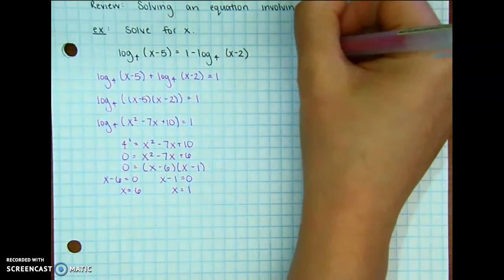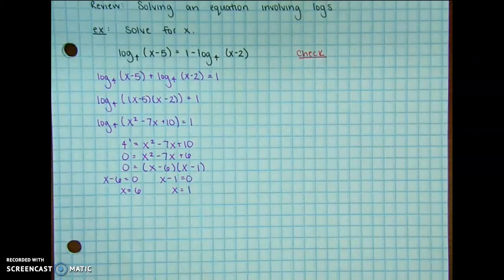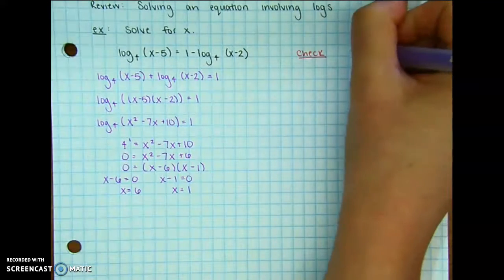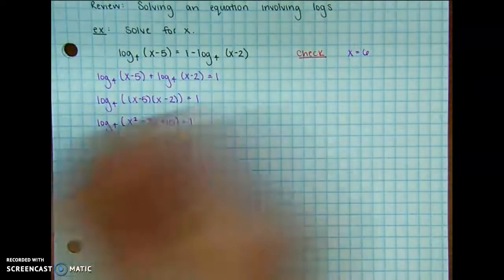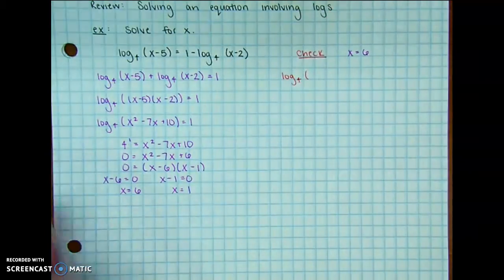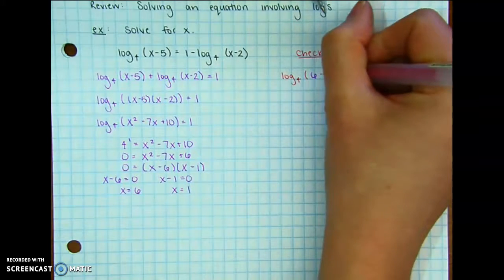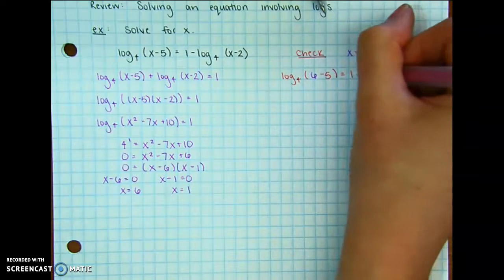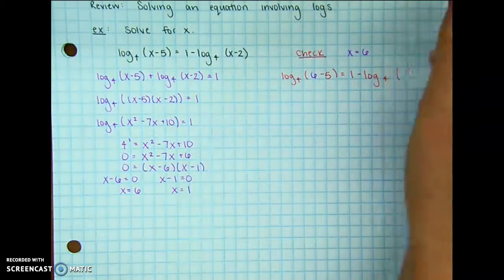So I'm now going to do a check. I'm going to start by substituting x equals 6 into the original equation. So I will have log base 4 of 6 minus 5 equals 1 minus log base 4 of 6 minus 2.